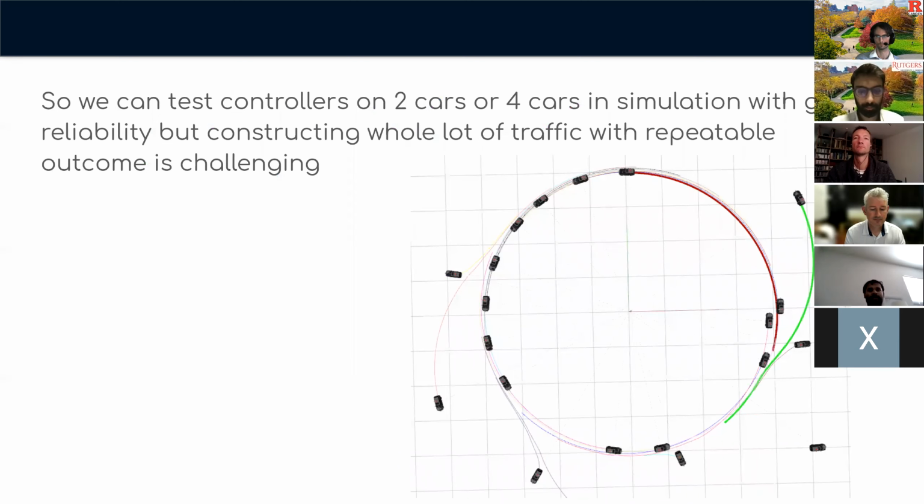And so we can test these kinds of controllers on 2 cars or 4 cars, but constructing a whole lot of traffic is another kind of problem. But when we are dealing with a controller for mixed traffic autonomy, we need a lot more cars, especially if we are also relying on sensors to make estimations about some other state parameters.